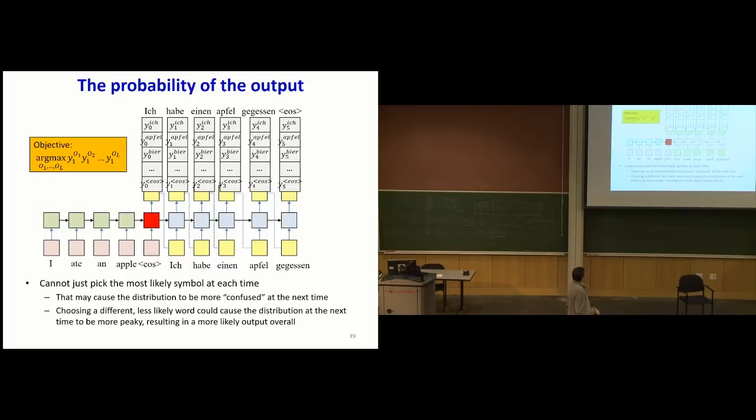Why is that? If I just pick the most likely symbol at each time, that may cause the distribution to be confused at the next time or somewhere downstream. Choosing a different, less likely word early could cause the distribution at the next time to be more peaky, resulting in a more likely overall output.